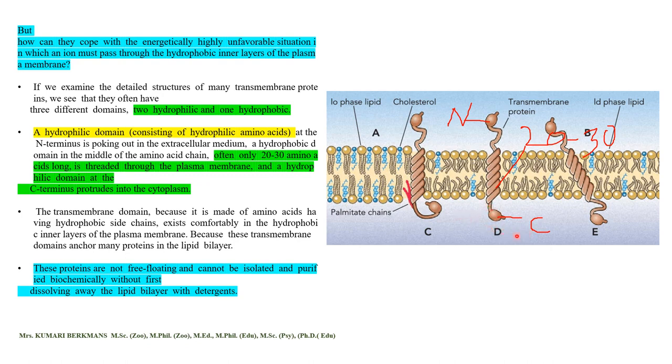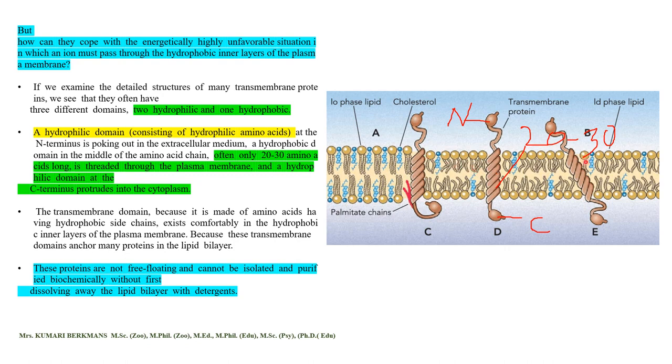Okay. Now the transmembrane domain is made up of amino acids having hydrophobic side chains. These hydrophobic side chains exist comfortably in the hydrophobic inner layer of the plasma membrane, because these transmembrane domains anchor many proteins in the lipid bilayer.